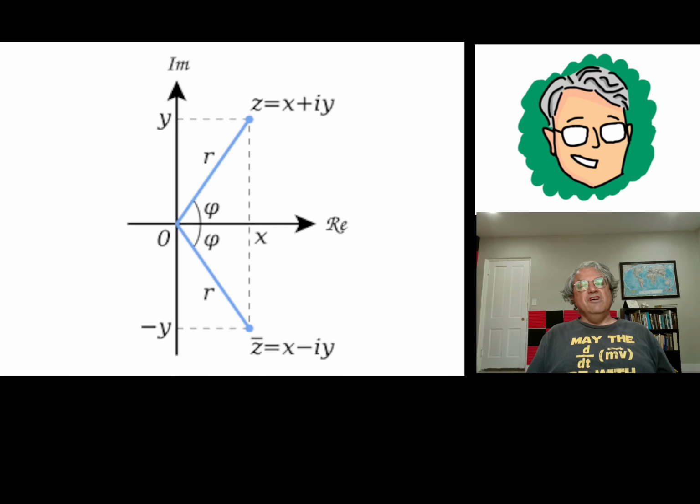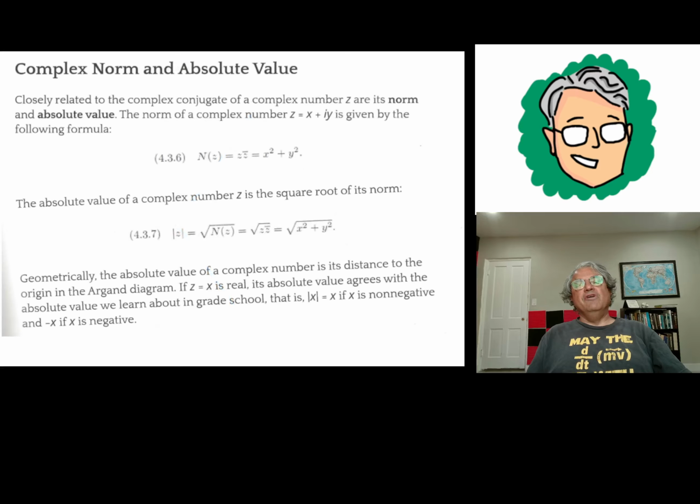Therefore r squared equals x squared plus y squared. Since r squared is x squared plus y squared, if you want to get r, which is the absolute value, just take the square root. So the absolute value of a complex number given in rectangular coordinates x plus iy is equal to the square root of x squared plus y squared.